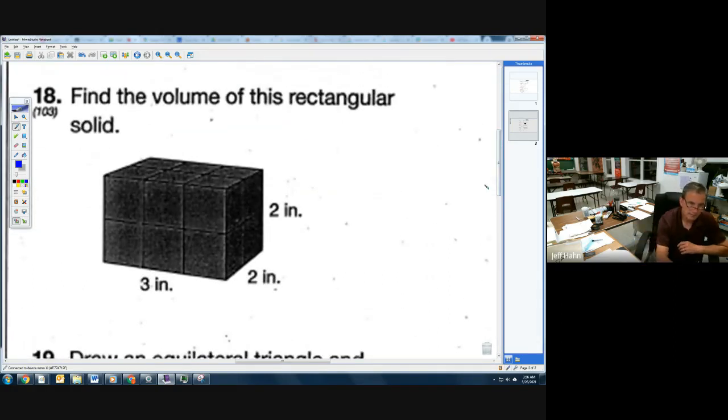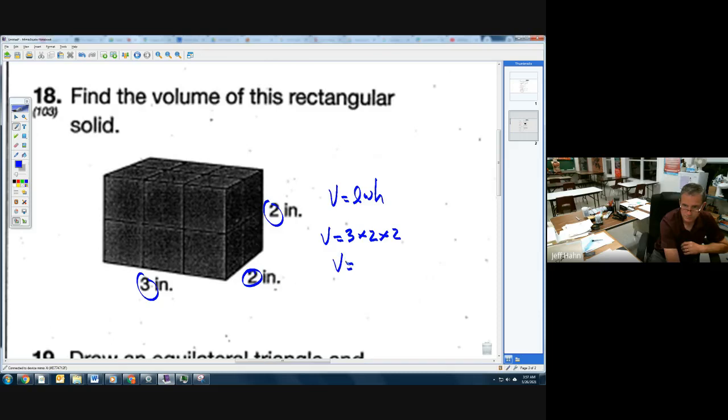The volume of this rectangular solid, volume is just multiplying the 3 sides together. We call that the length times the width times the height. So volume equals 3 times 2 times 2. So the volume equals 6 times 2, which is 12 inches cubed, which is what you get if you counted all these.